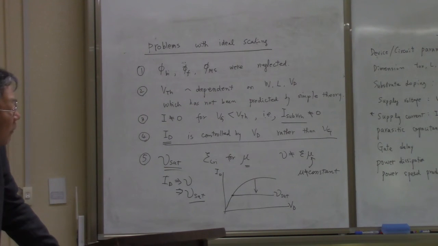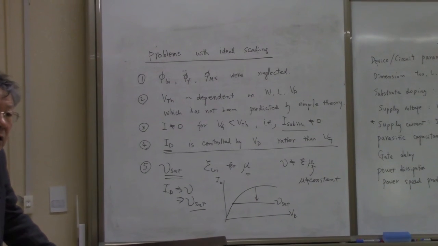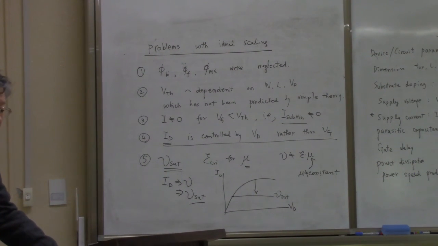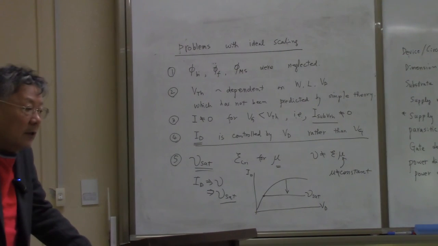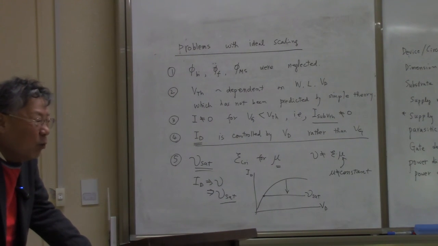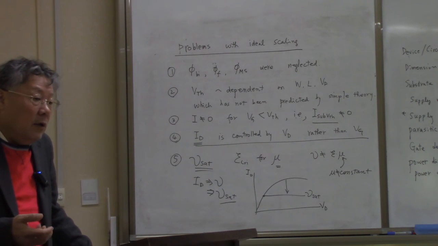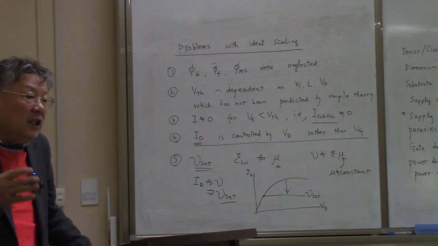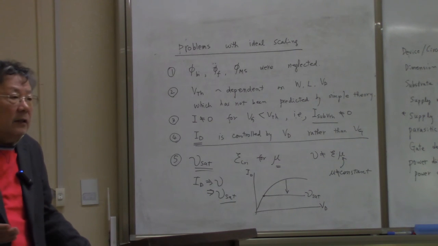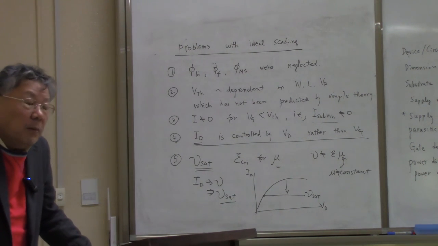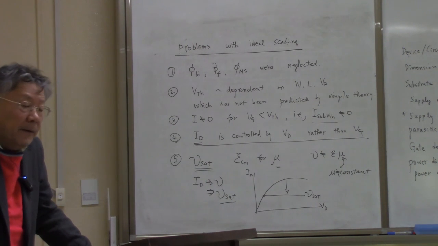And we have 256 mega DRAMs these days. I think that is the limit that we have currently. And if you want to scale down more, then you need a special technique for that, which is not appropriate for mass production yet.